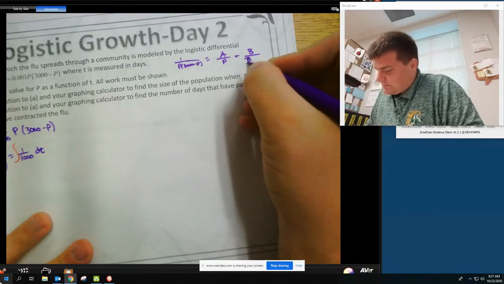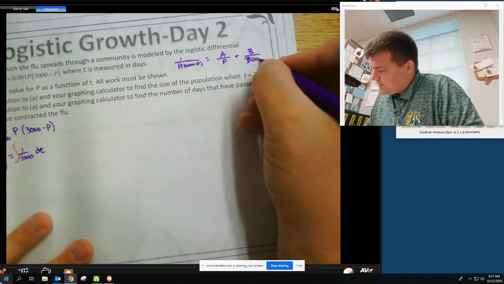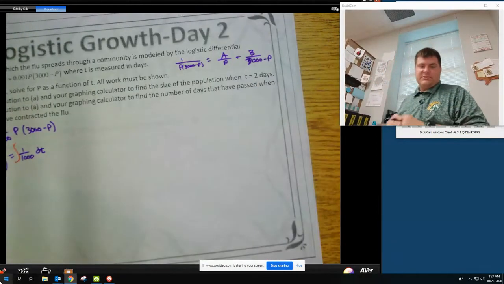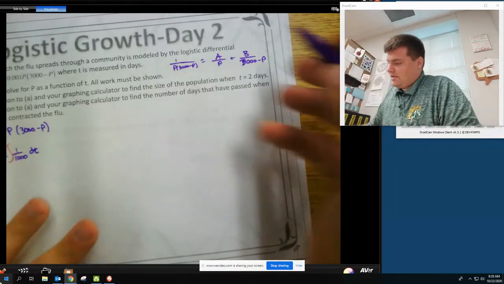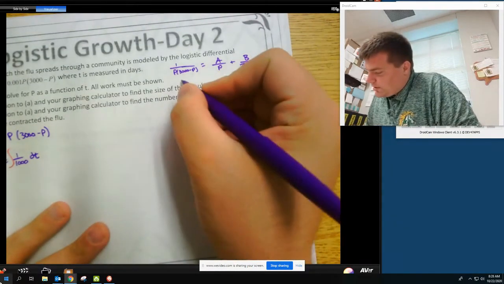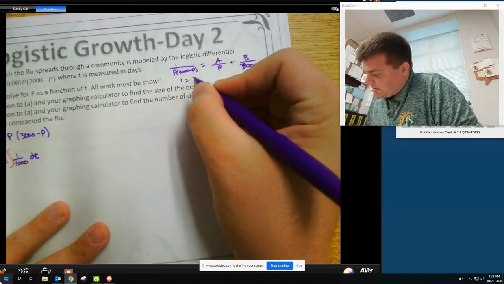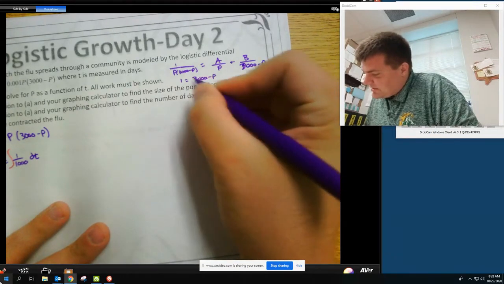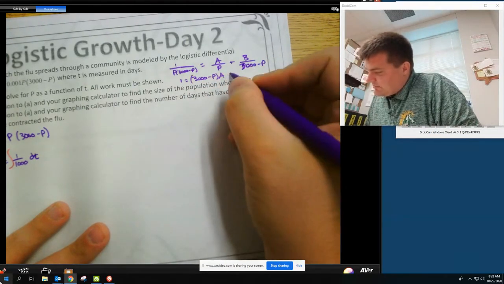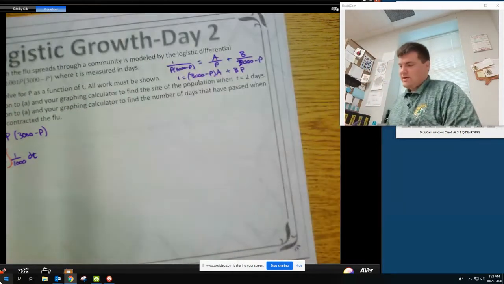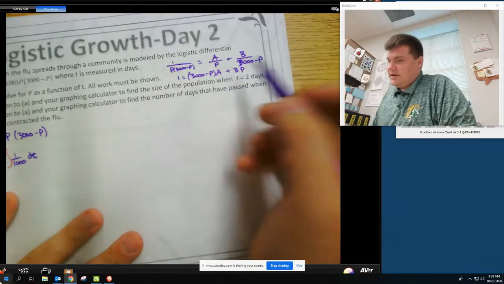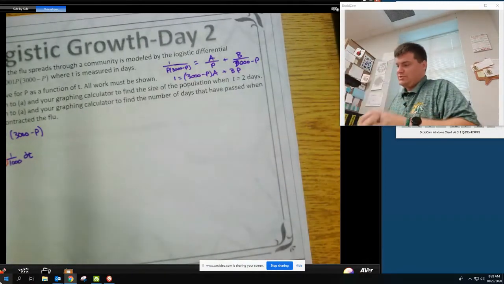Actually, that should be 3,000 minus p. Okay, so I want to do this work to the side over here. So essentially I'm going to get 1 equals (3,000 minus p) times A plus B times p.